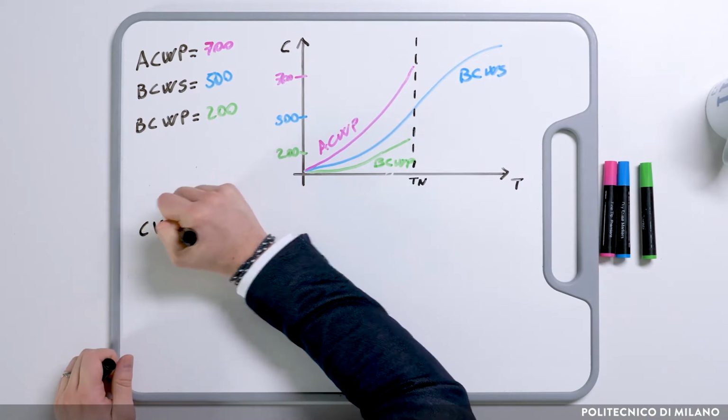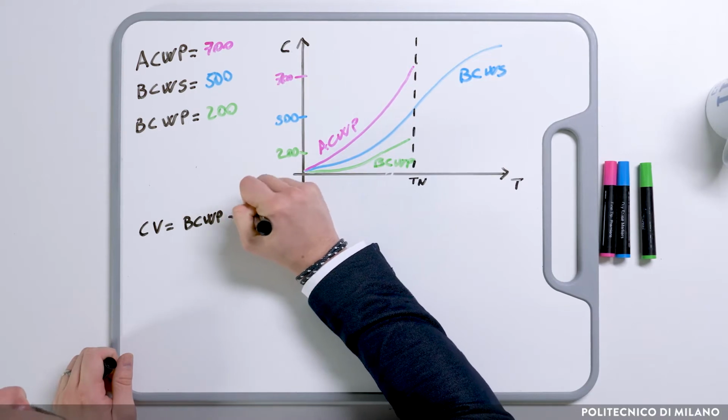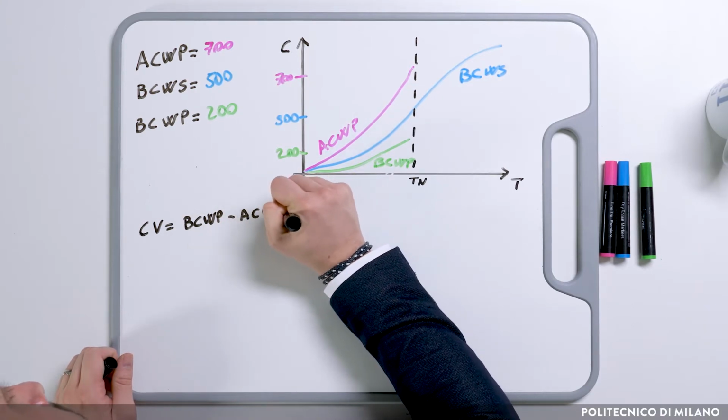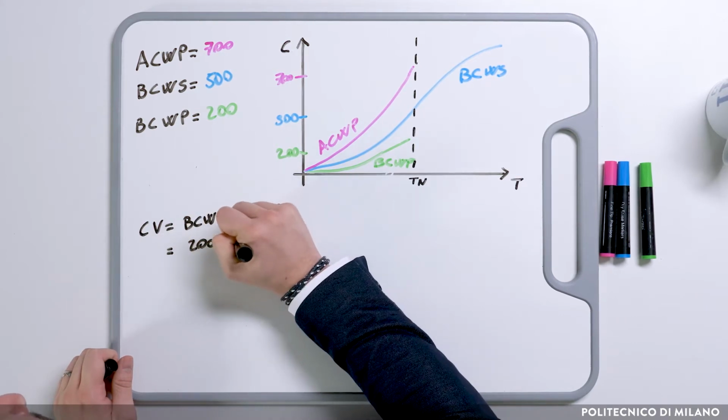So now we can identify two different performance indicators taking into account these numbers. The first one is called cost variance, and the formula is BCWP minus ACWP, which in this case equals minus 500.